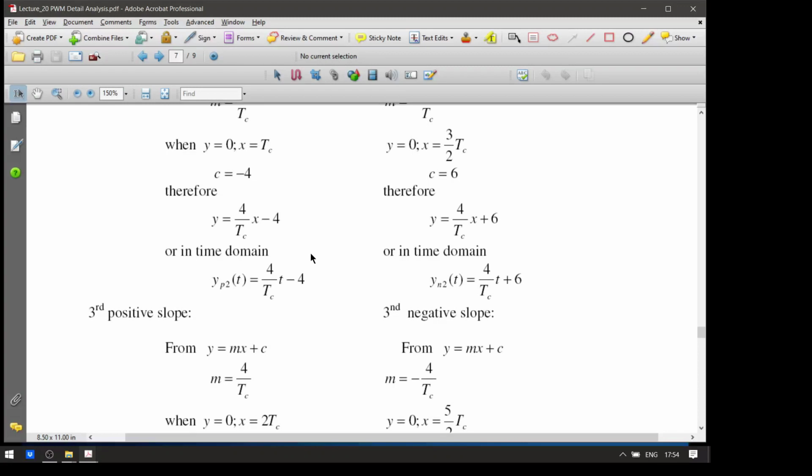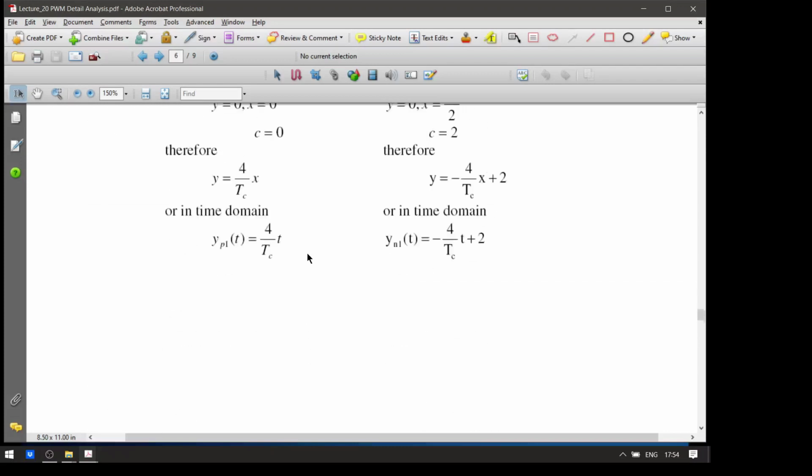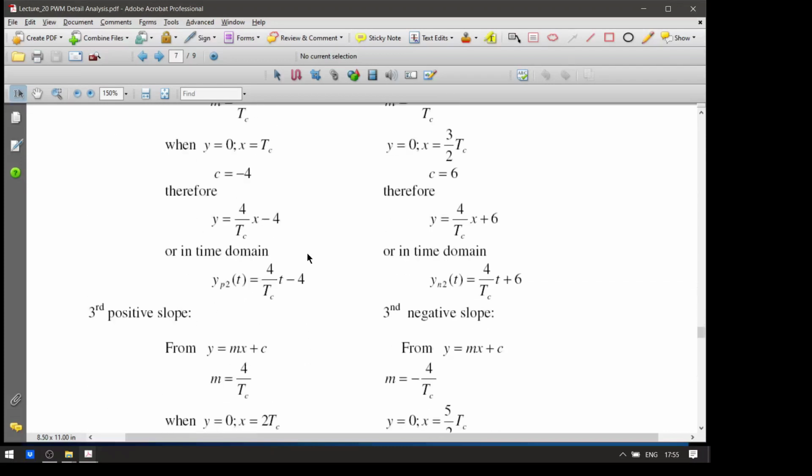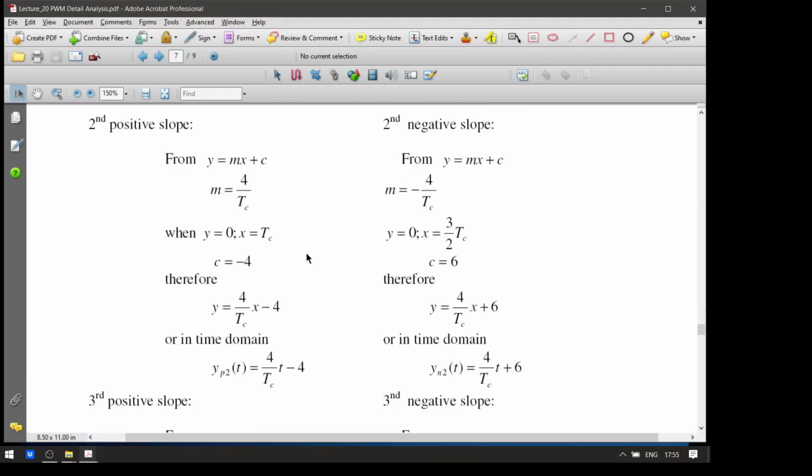Please do that. Just practice, because sometimes you will be asked to show the derivation to prove the switching angles. I mean the general equation for positive and negative slope. So you have to do that. Do not just memorize everything. You need to start from a blank paper and just start to derive.